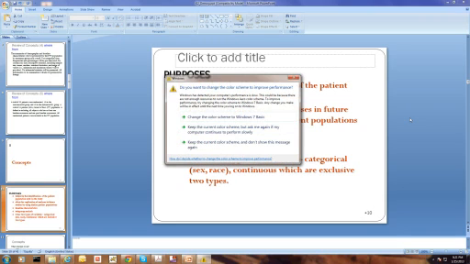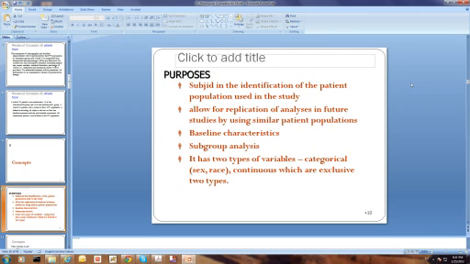Now, for every clinical trial, we need to make the demographic table. What are the purposes of making these tables? Why are the demographic tables so important for any clinical trial, for any FDA submission, and for any SAS programmers?